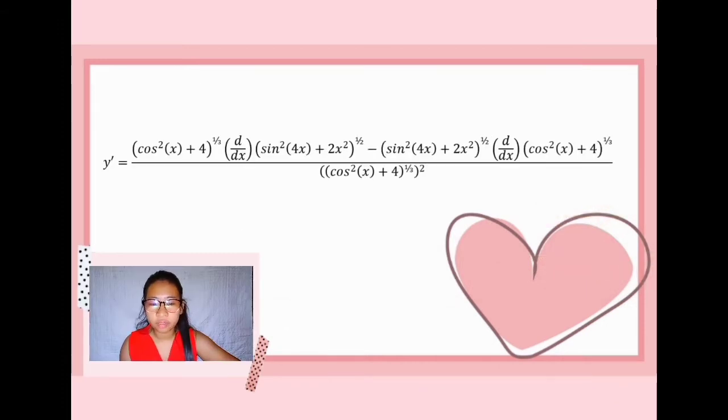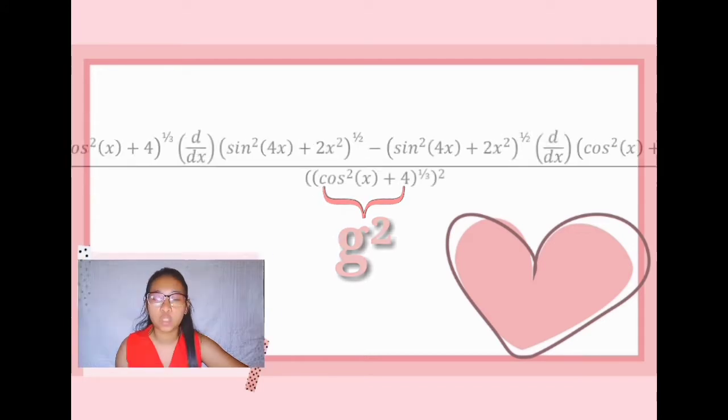Now, the first derivative of y is equal to cosine squared x plus 4 raised to the power of 1/3 times the derivative of our f, which is sine squared 4x plus 2x squared raised to 1/2, minus f, which is sine squared 4x plus 2x squared raised to 1/2 times the derivative of cosine squared x plus 4 raised to 1/3, all over g, which is cosine squared x plus 4 raised to 1/3, raised to the power of 2.